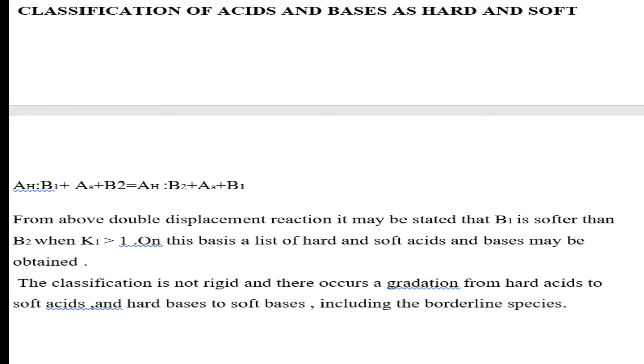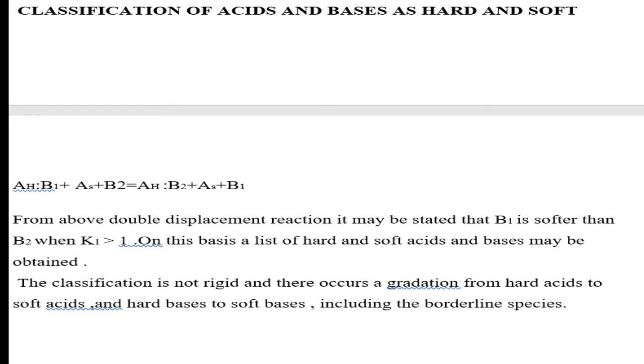From this double displacement reaction, it may be stated that B1 is softer than B2 when K1 is greater than 1. On this basis, a list of hard and soft acids and bases may be obtained.